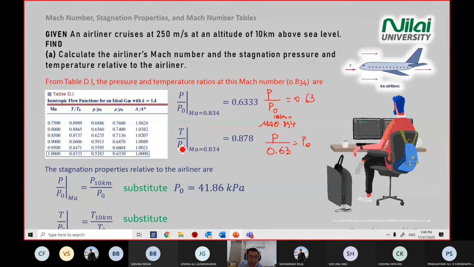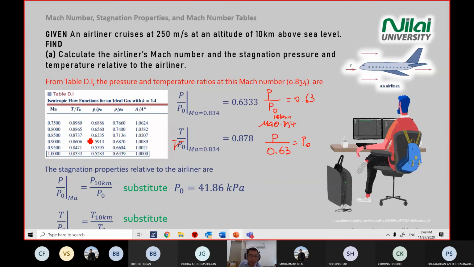Oh, sorry, there's a typo error. This is not P, it's a T. So it's T divided by T0, because from this table it is T divided by T0. There's a typo error here. So you use T divided by T0 at Mach number 0.83. From this table, you do interpolation just now, you get 0.88.